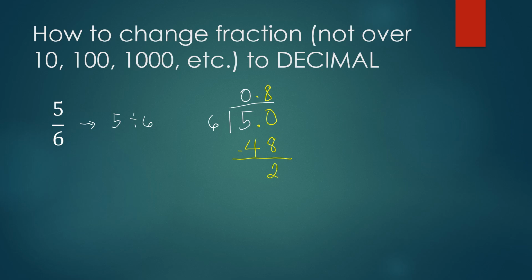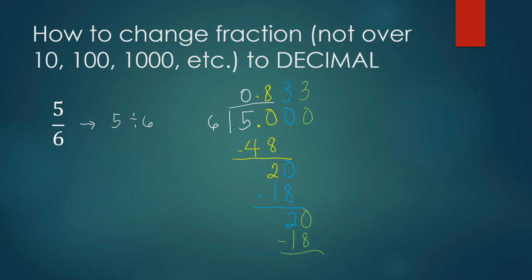And then we again put more zeros and bring it down. 20 divided by 6, how much is that? 3. 3 times 6 is 18. So 2 again. And then we put another 0 and bring it down. 20 divided by 6 is 3. 3 times 6 is 18.